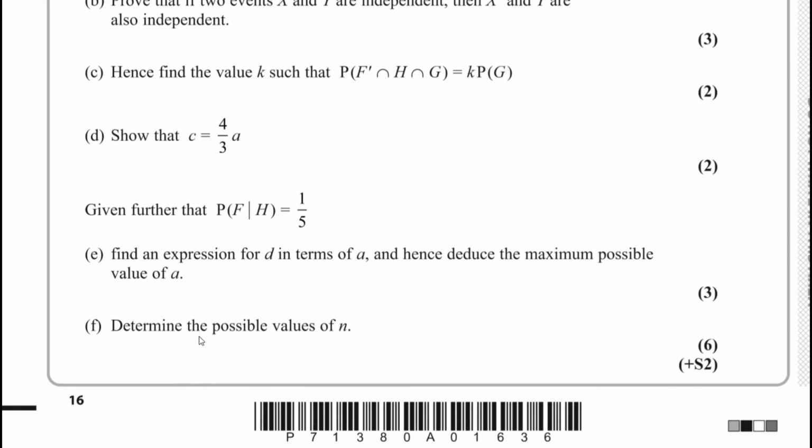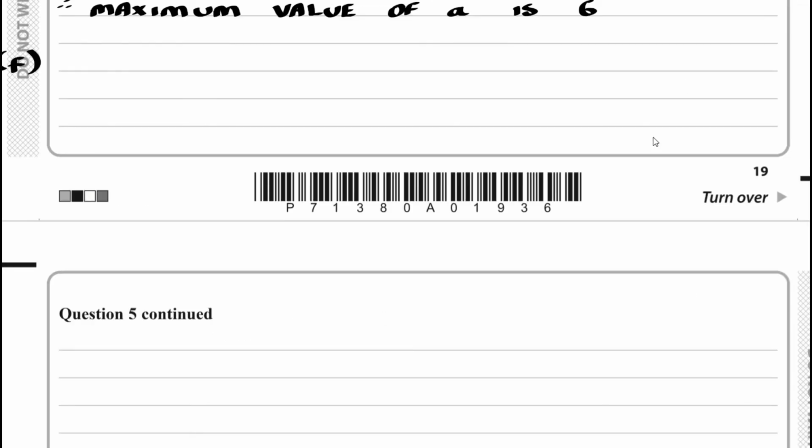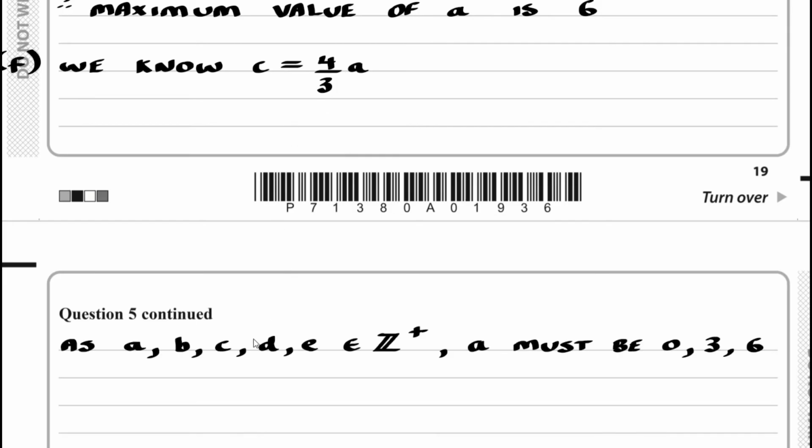Part F, determine the possible values of n. What we know for part F is that C is equal to 4/3 A. And as A, B, C, D and E are integers, A must be either 0, 3 or 6.